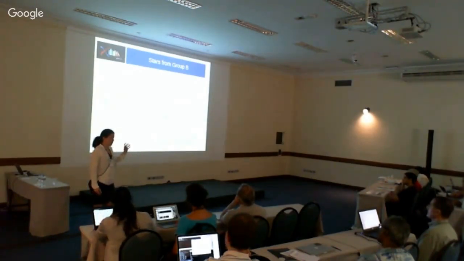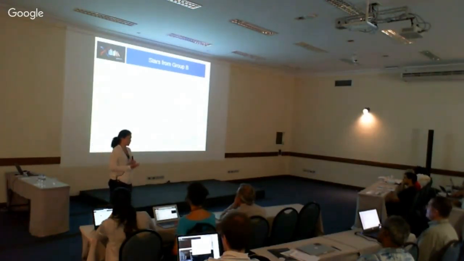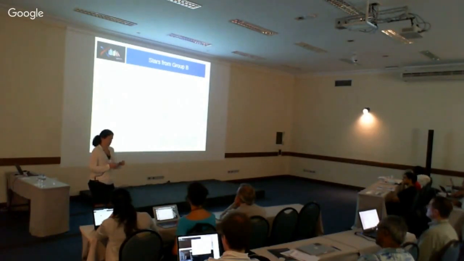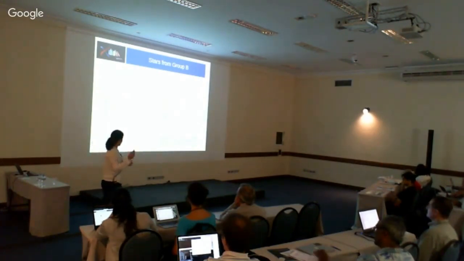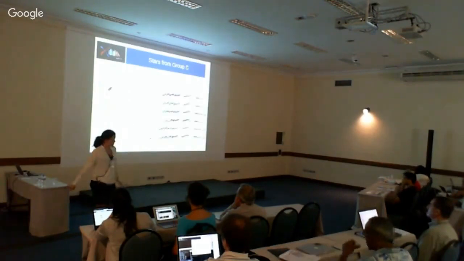And the parameters found for all the stars are roughly between, at least the temperature between 3,200 and 3,800, and there is a good agreement between the temperature found in the two wavelength ranges.